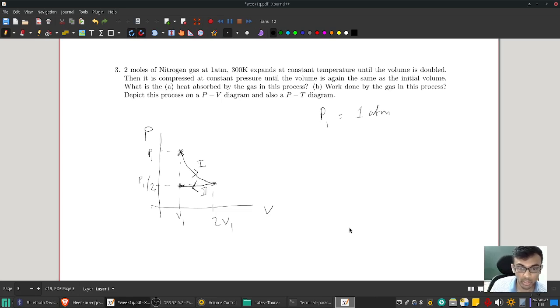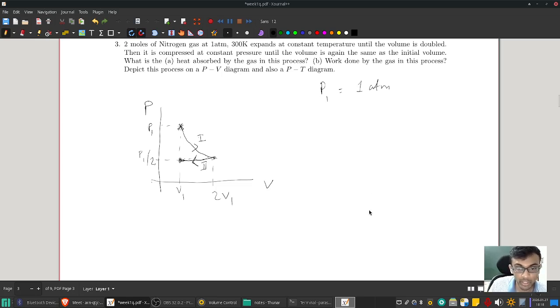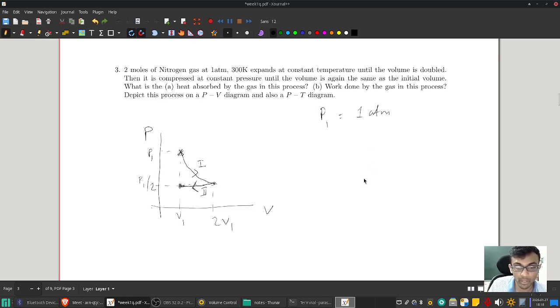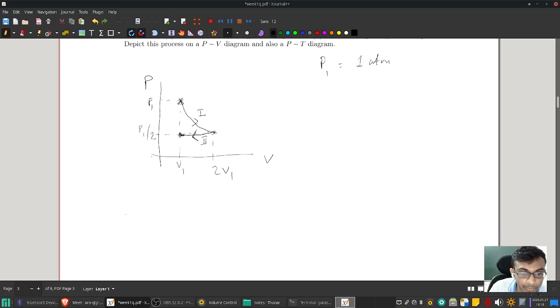Okay, so let's first do the calculation of work done. So W1 is going to be the work done in the first step. So that's the integral of PdV from V1 to V2. So this is an isothermal process.